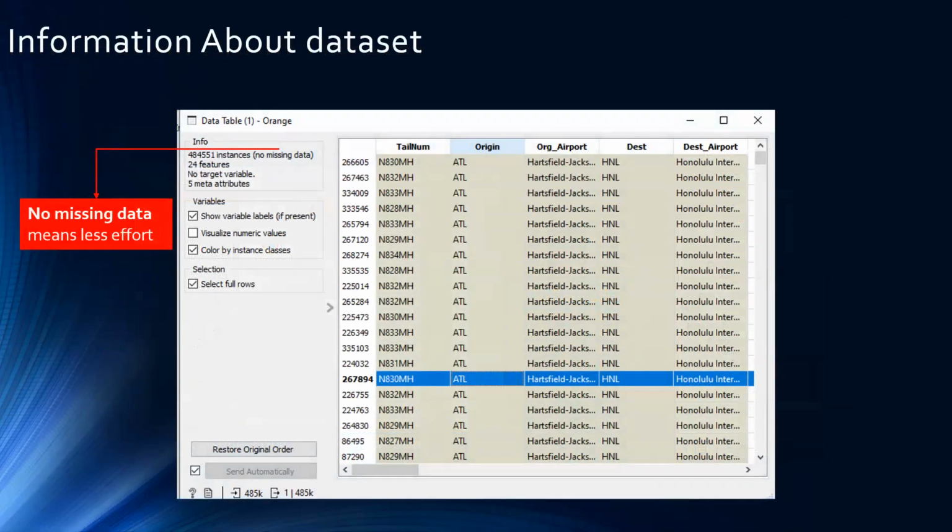So in the examination of data sets, we firstly examined with the data table, and actually we saw that there is no missing data in our data set. So we hope this could be a good thing because this means we will spend less effort to manipulate the data set.